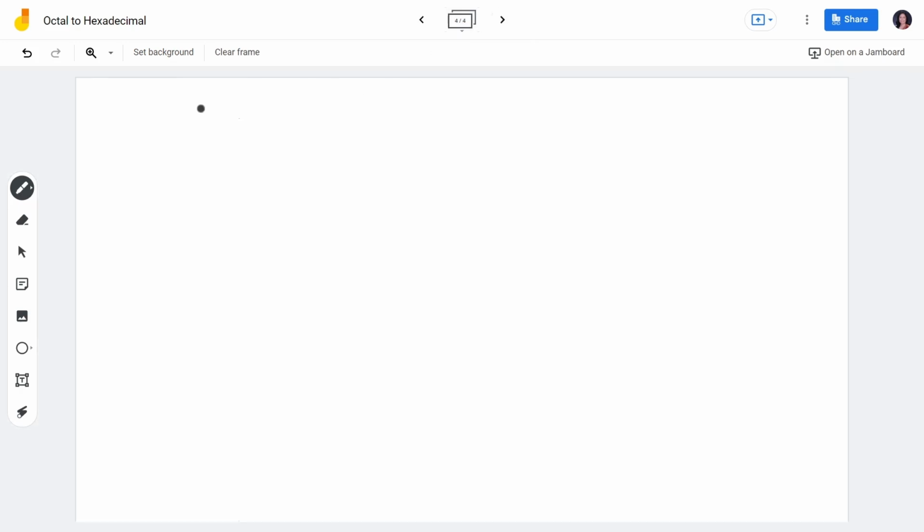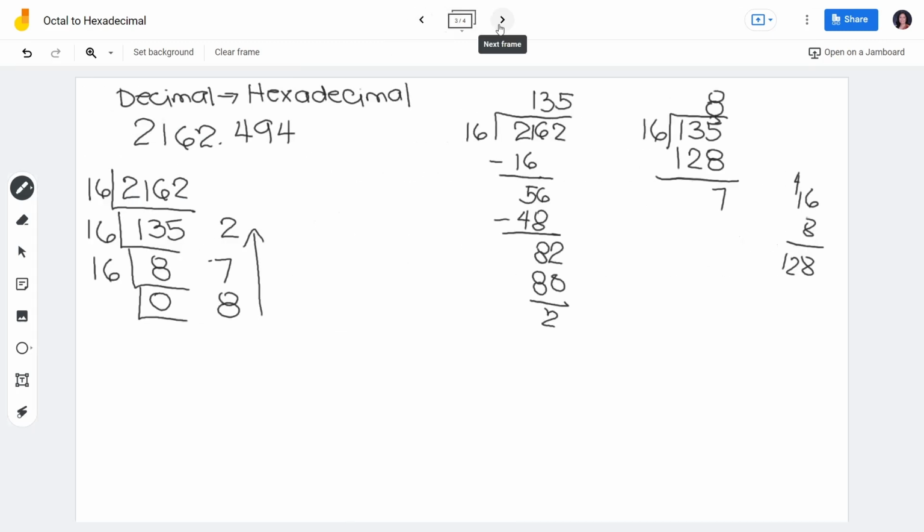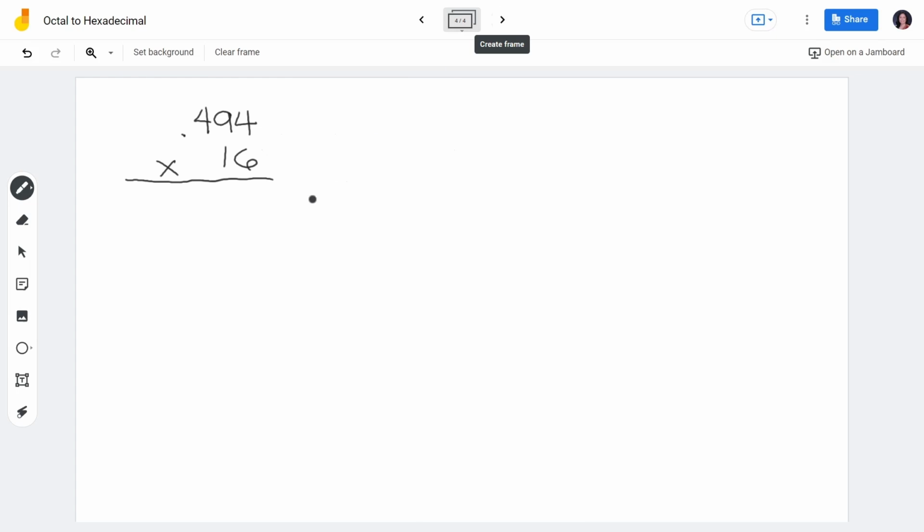So, fraction part, we have 494 times 16. Let's achieve 4 fraction places. Okay, 494. 4 times 6 is 24, 4 carry 2. 6 times 9 is 54 plus 2 is 56. 6 times 4 is 24 plus 5 is 29.